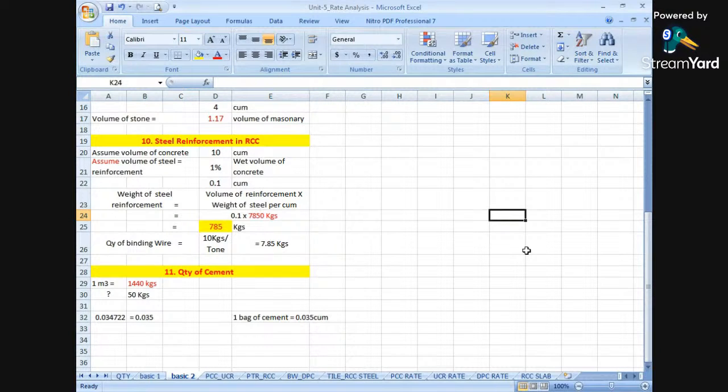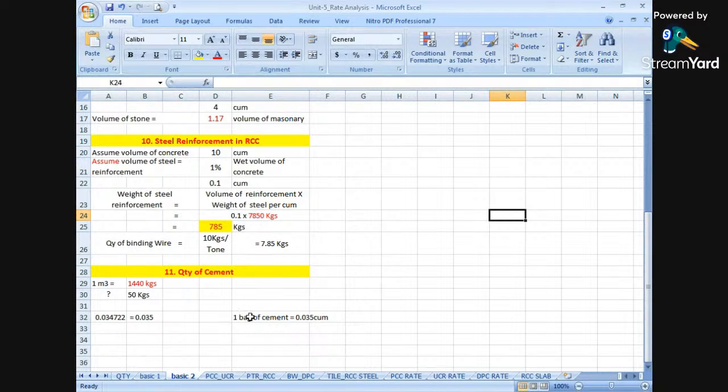Okay. But normally cement is available in bags. One bag of cement is near about 50 kgs. So how many meter cube will be required for 50 kgs of cement? 50 kgs में कितना meter cube होगा? It is near about 0.035 cubic meters.